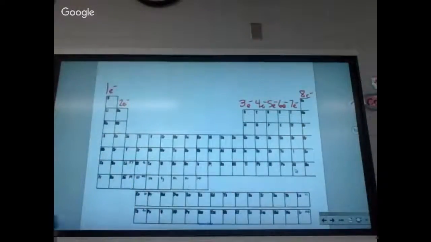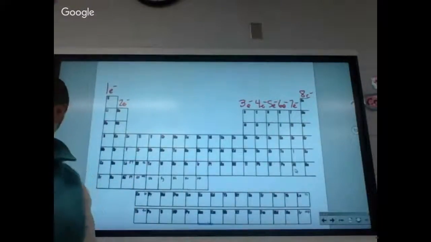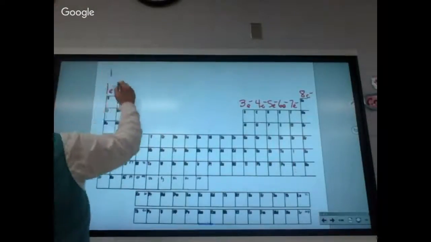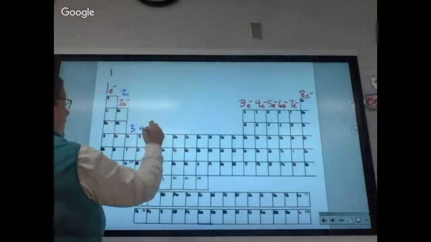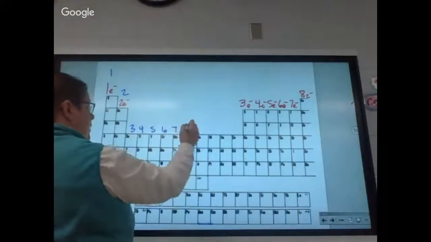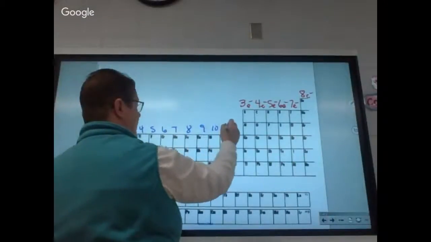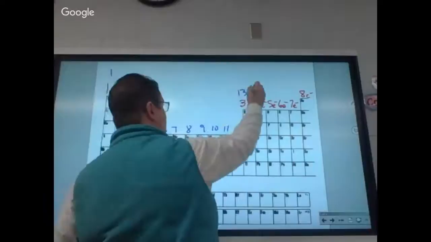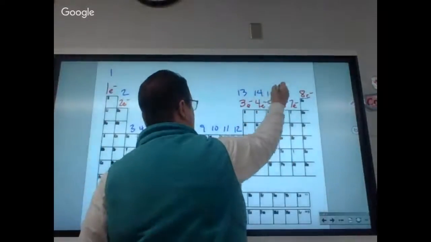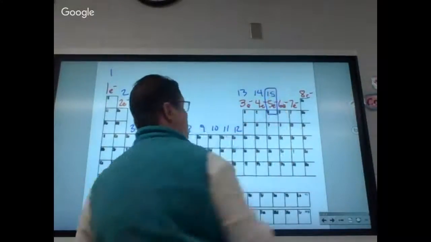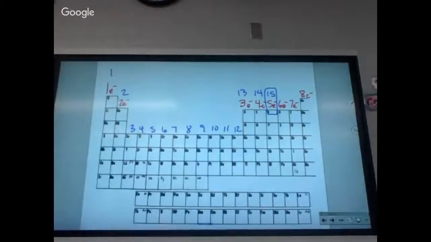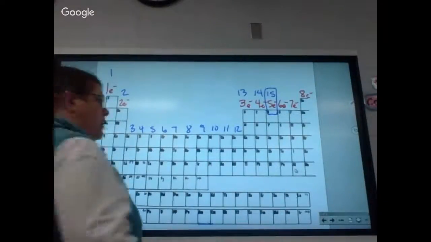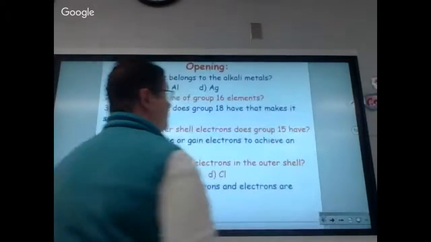Now, you got your orange periodic table. The group numbers are at the top. 1, 2, 3, 4, 5, 6, 7, 8, 9, 10, 11, 12, 13, 14, 15. How many outer shell electrons in group 15? 5. But your orange periodic table has your group numbers at the top. You have to be able to count 1 to 8.